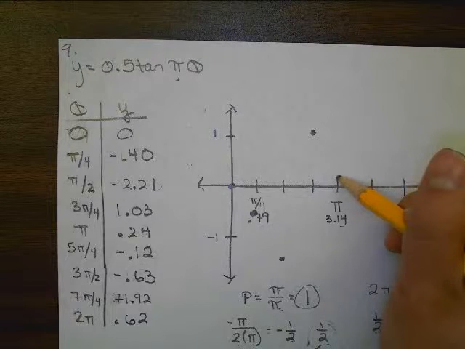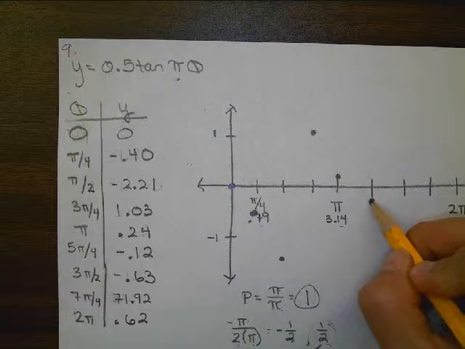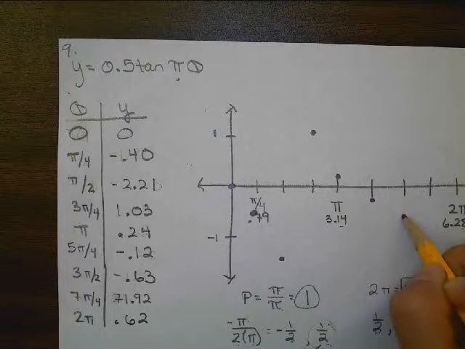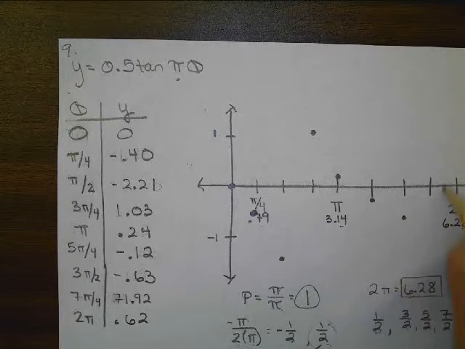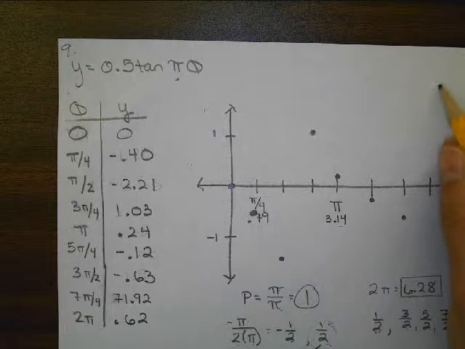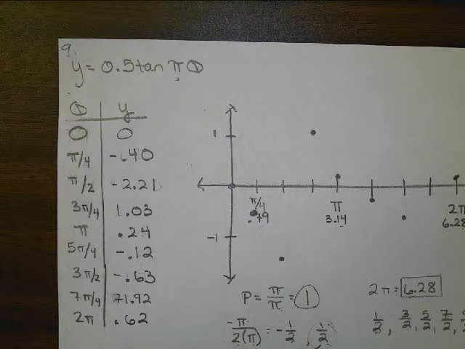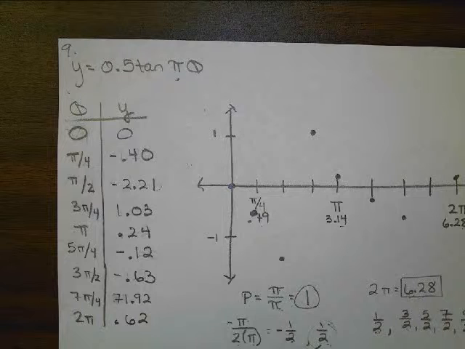Pi is at 0.24. 5 pi over 4 is negative 0.12. 3 pi over 2 is down here. 7 pi over 4 is way up at 71. It jumps way up there and then drops back down to 0.62 on the 2 pi. Which is really strange that it jumps way up there, but that is the number the calculator told me.